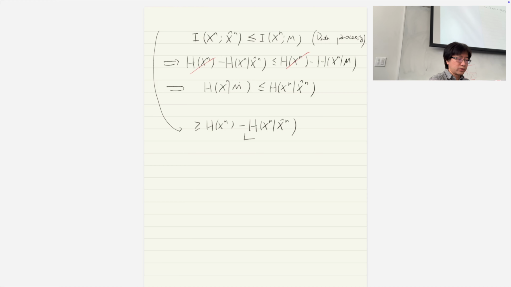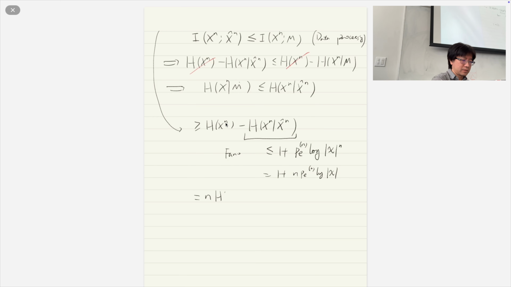Right. So now we're going to use Fano here. So by Fano, this guy will be less than or equal to P_e n log the cardinality of this guy, and this equals 1 plus n P_e log this. Then we can write everything together here because the X are independent, so we can break it into a sum.